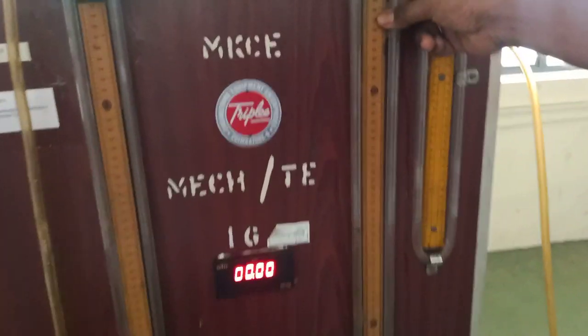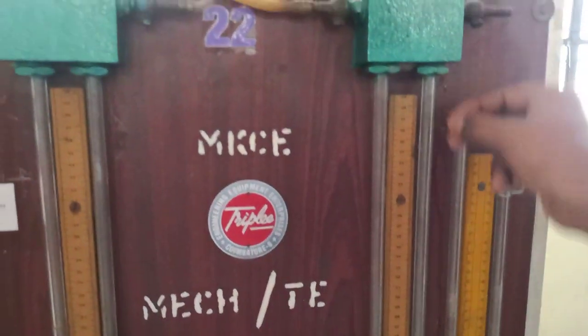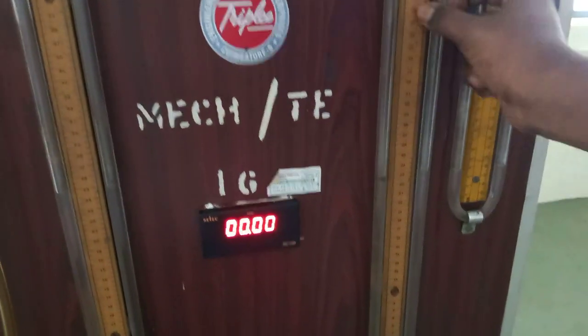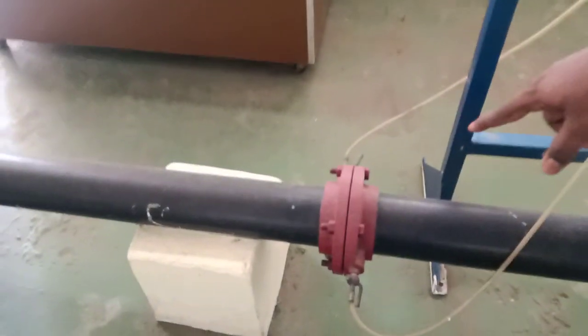The difference in pressure will be measured from this U-tube manometer. With the help of the datum head, we can find it out, and then the discharge will be calculated with the help of this U-tube manometer. This U-tube manometer reads the difference between the pressures, and with the help of that, the volume flow rate is measured.